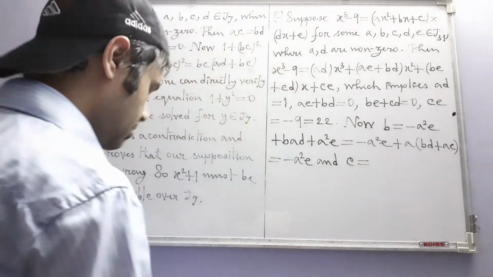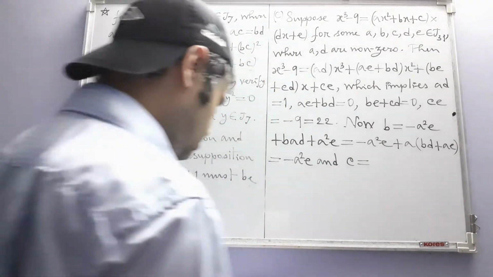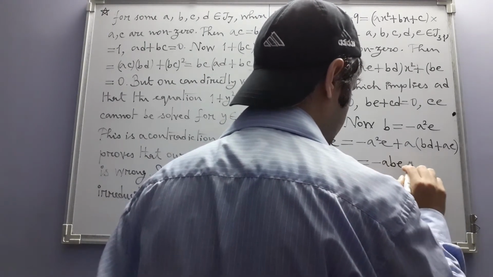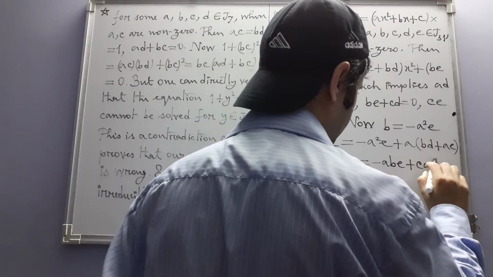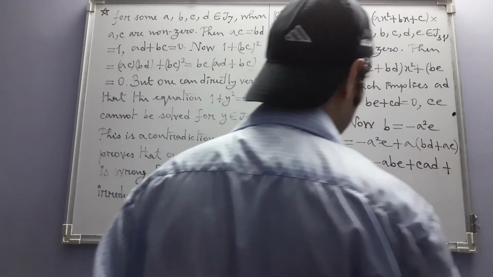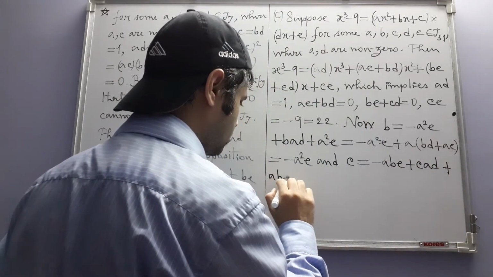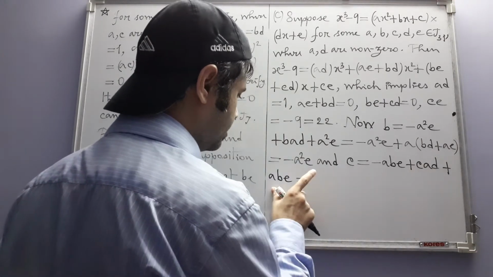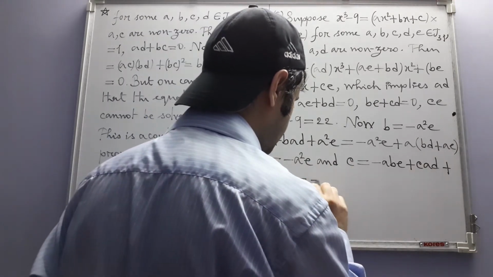And like that, C can be written like this: minus ABE plus CAD plus ABE. Now we can take again A common out from the last two terms.